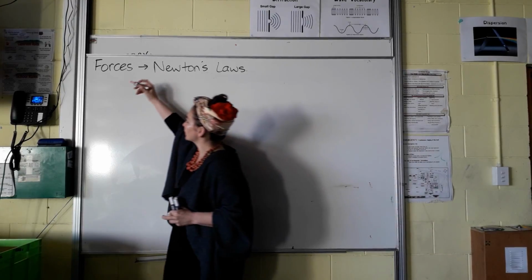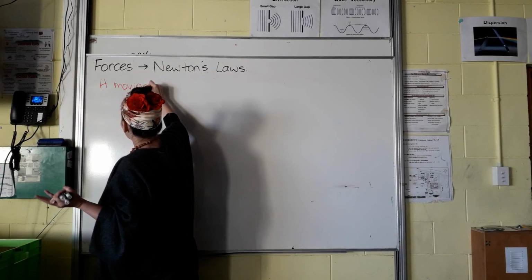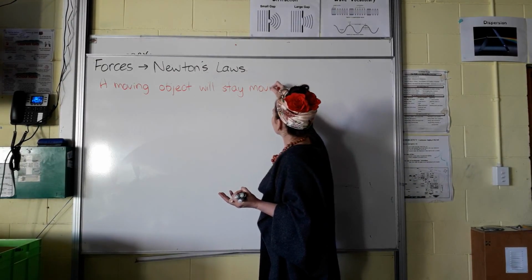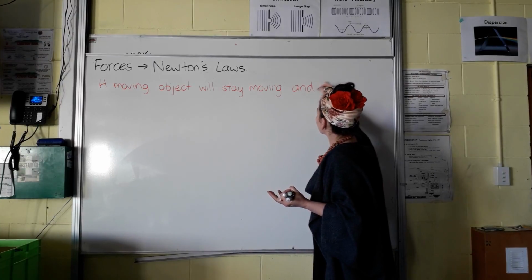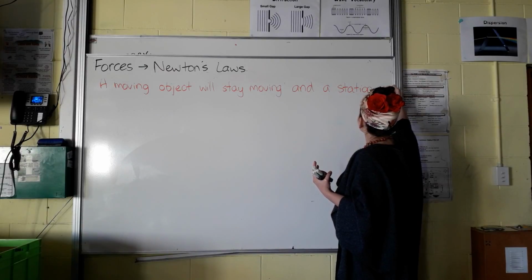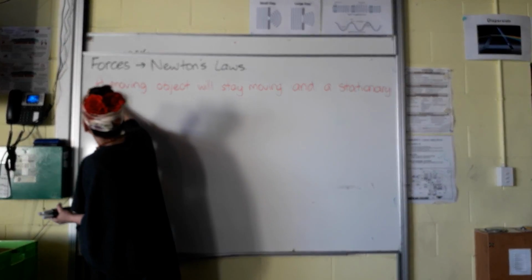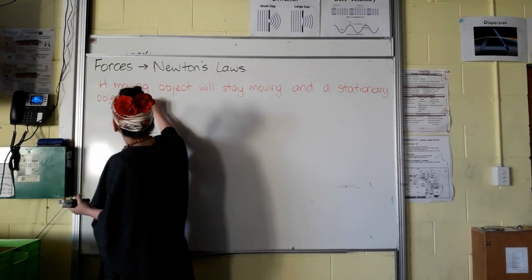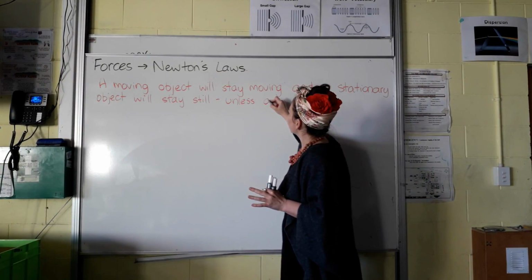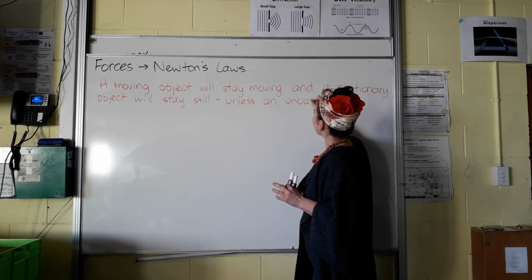And his first law says that a moving object, like a car or a ball or anything, a moving object will stay moving, and a stationary object, that is a still object, will stay still unless, and this is the important part, unless an unbalanced force acts on it.